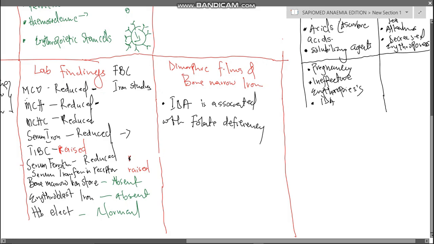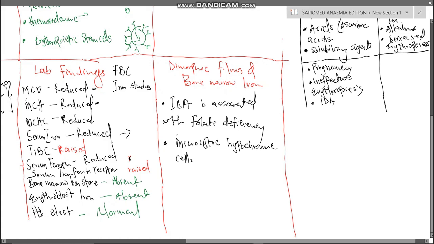So for instance, someone who suffers iron deficiency anemia has been transfused with the blood of someone who has vitamin B12 deficiency. What do you think will happen? The microcytic hypochromic cells that we will be looking for in the blood film will not be the only ones available.